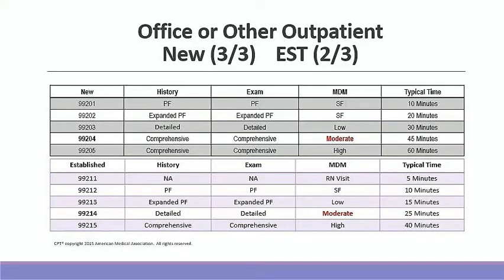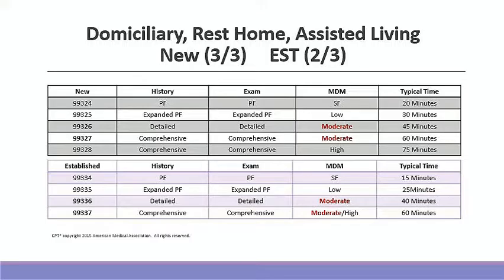In the outpatient or office setting, moderate medical decision making would support 99204 if the patient was new, and 99214 if the patient was established. Keep in mind that the other key components will need to be met as well, but the medical decision making for our case would support these E&M codes. In the domiciliary or assisted living setting, moderate medical decision making would support 2 codes in both new patients and established patients.